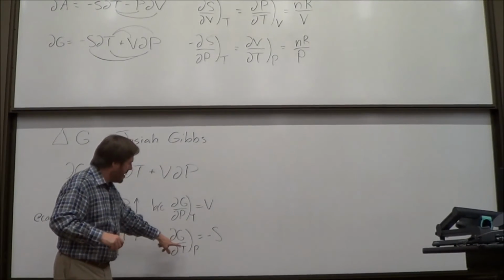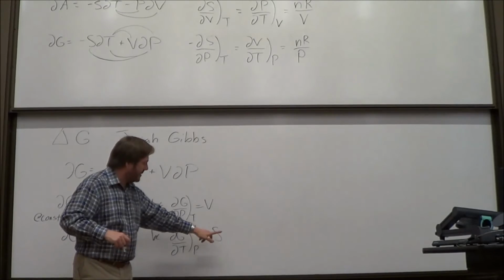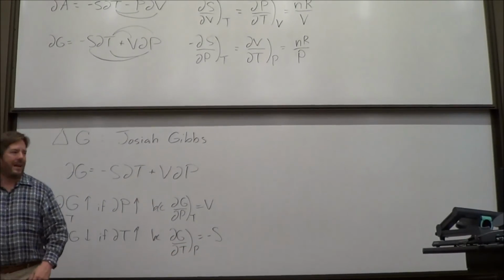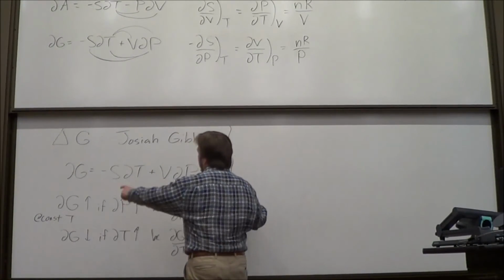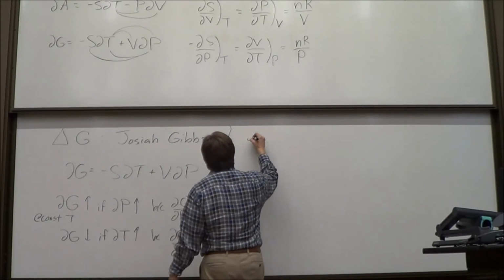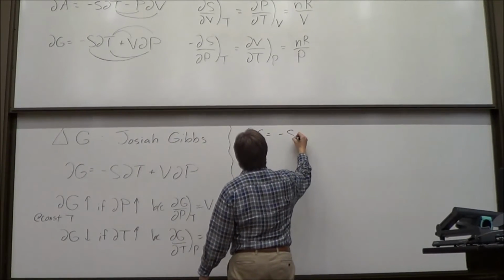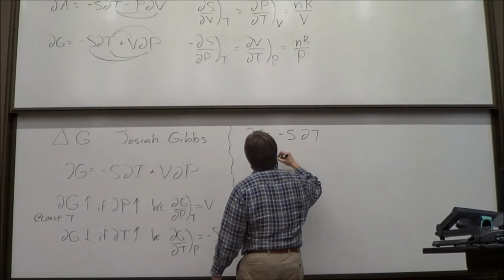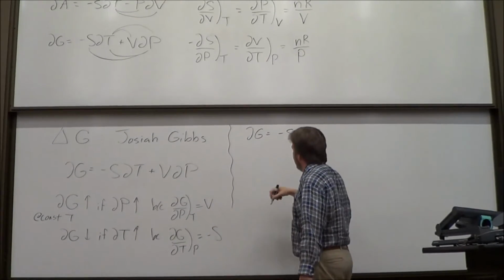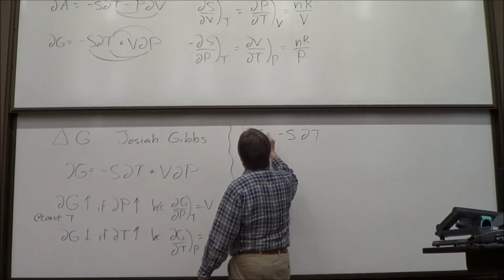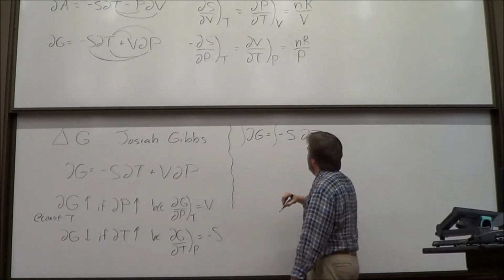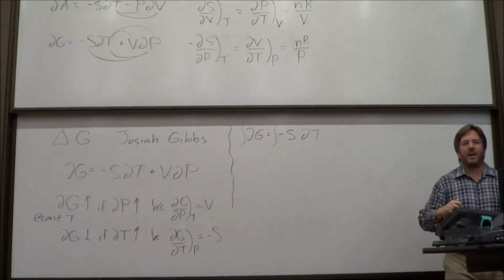But the problem here is if I integrate dG = minus S dT, here I'll write that down. So remember, I'm trying to get through this, and so I've got myself this equation. Again, with pressure and volume, that's trivial. I'm not even going to do it because at this point that's blindingly easy. I've got a major problem here.